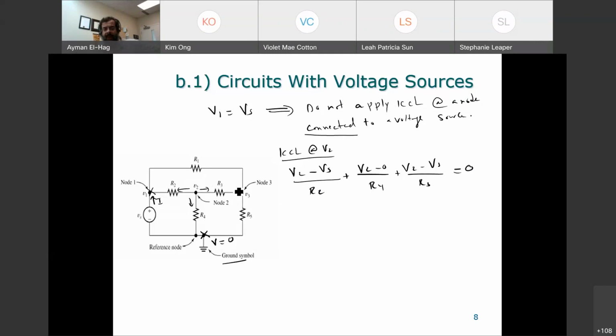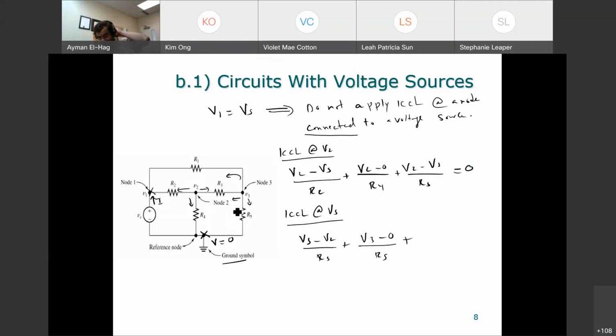Then I will come here, apply KCL at V3. Again, I will assume the currents are leaving. So the current to the left is basically V3 minus V2 divided by R3, plus the current that goes down, V3 minus 0 divided by R5, plus, sometimes, especially those type of currents, students overlook.